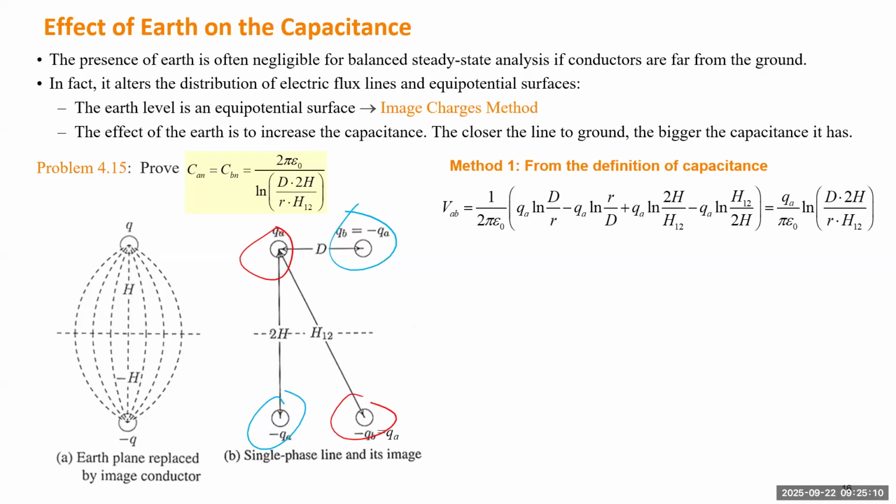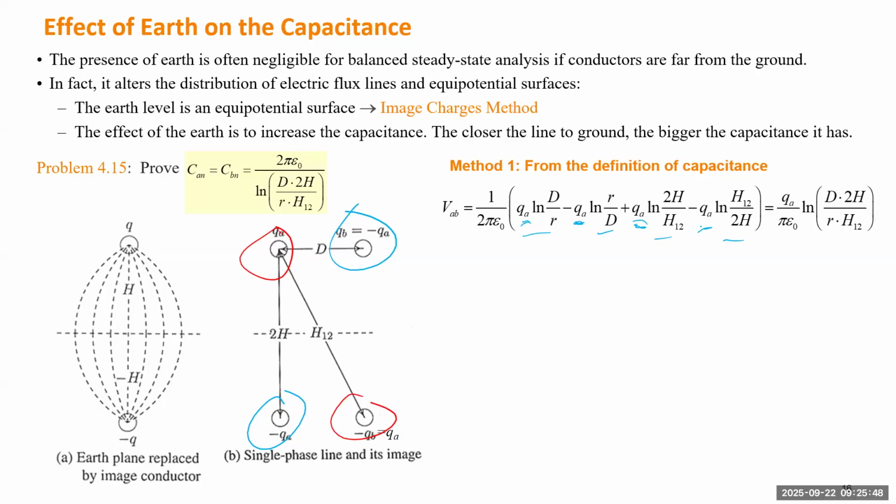So now we'll consider there are 4 electric fields, instead of a single one, and each electric field is determined by a different charge. If the first one is QA, the next one is negative QA, the third one is QA, and the fourth, the last one, is negative QA. This is basically the same idea as the original one we proved, the capacitance between 2 conductors.